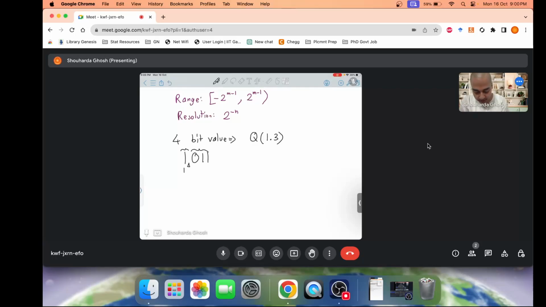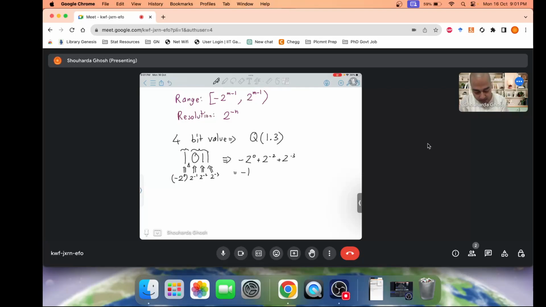So this place corresponds to 2 to the power 0, to the left of the decimal point. This one corresponds to 2 to the power minus 1, 2 to the power minus 2, 2 to the power minus 3. When you calculate the value, the first term should be negative because this is the MSB. Minus 2 to the power 0 plus 2 to the power minus 2 plus 2 to the power minus 3.